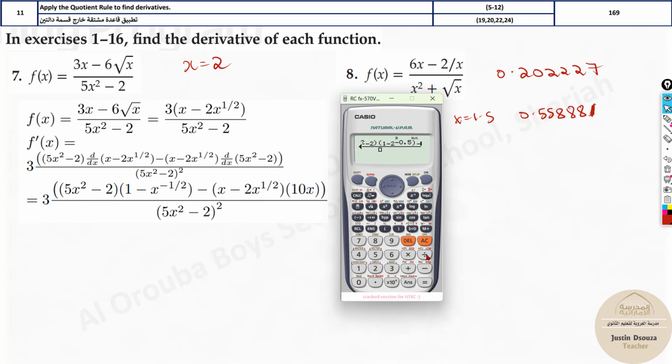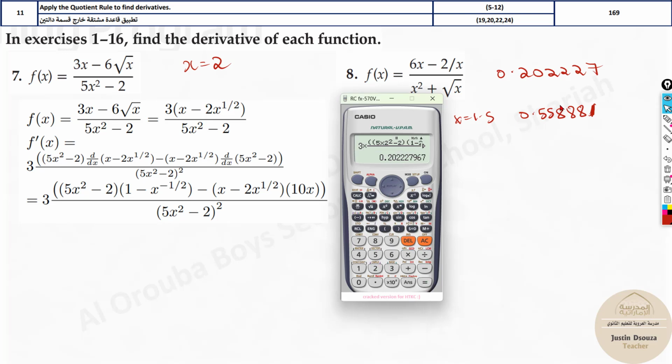Then minus, open the bracket. X is again 2, minus 2, it's 2 times 2 power 0.5, close the bracket. And lastly we have 10 times 2, close the bracket, 2 times because there were 2 brackets, divided by 5 into 2 squared minus 2, close the bracket and square it up.